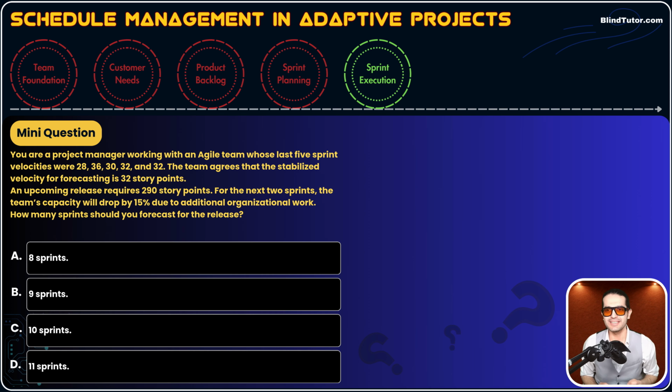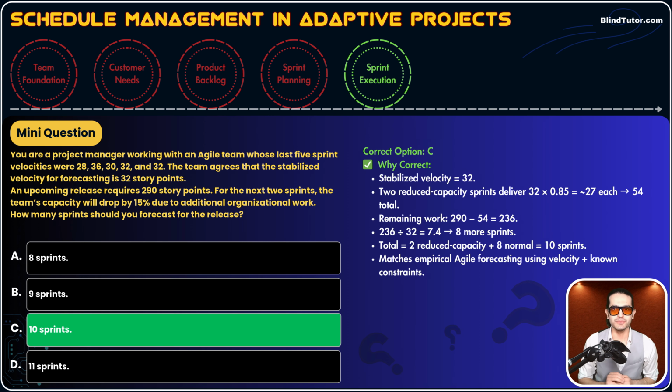Okay, so let's calculate. Let's do the math, guys. Stabilized velocity is 32. Then we have 2 reduced capacity sprints. So we're going to have 32 times 0.85, 27 each. In the next 2 sprints, instead of 32 story points, the team could complete 27 story points, okay? So 85% of that 32.